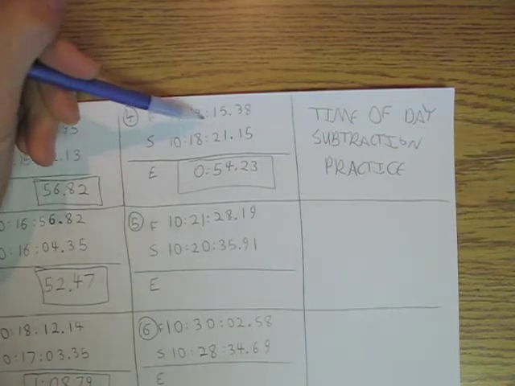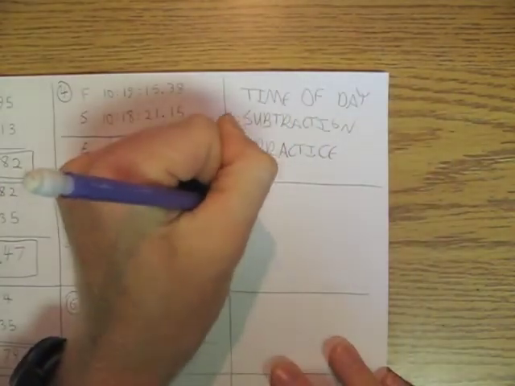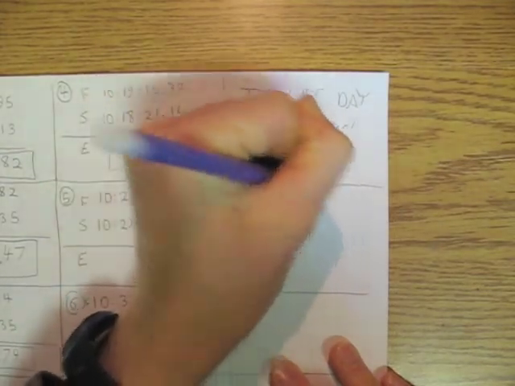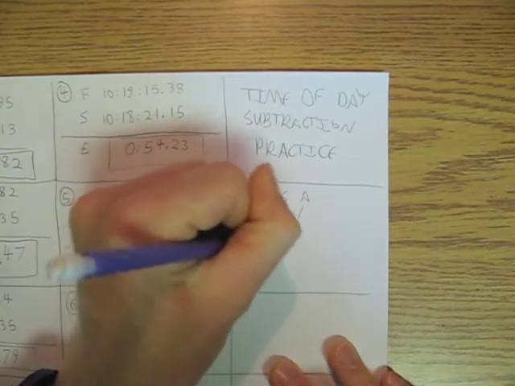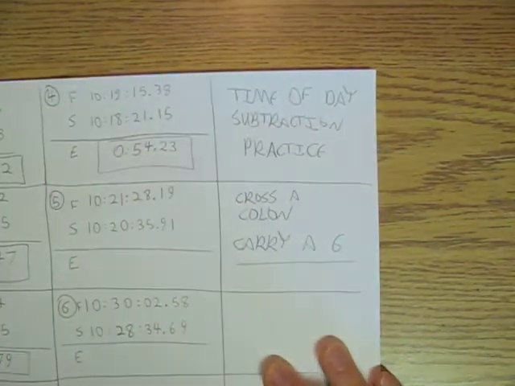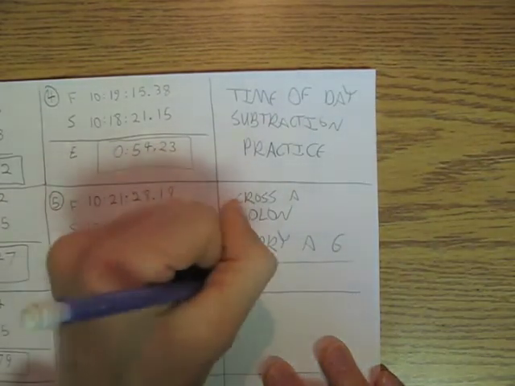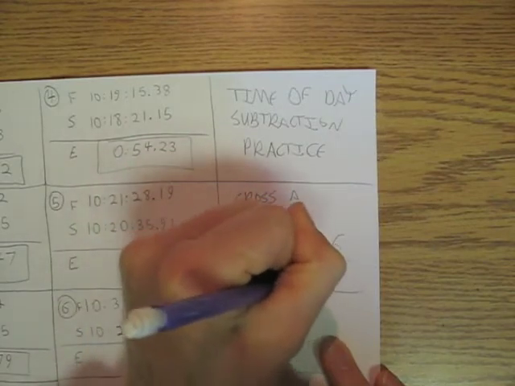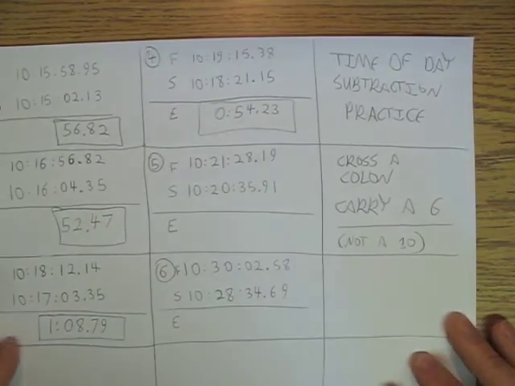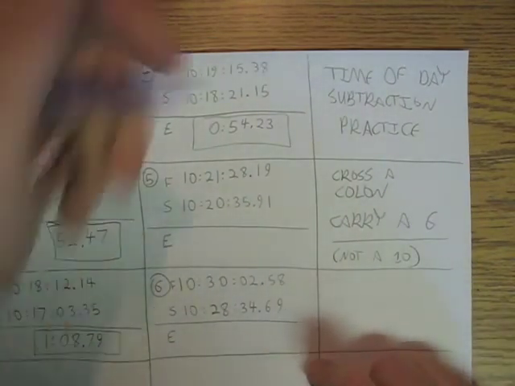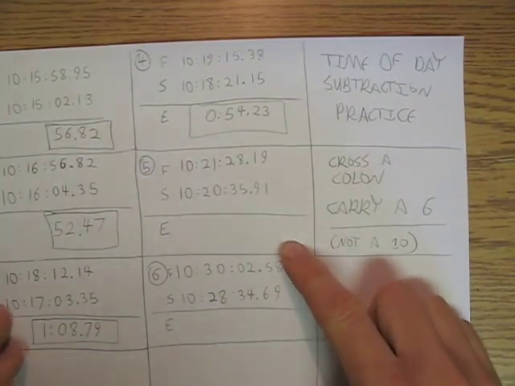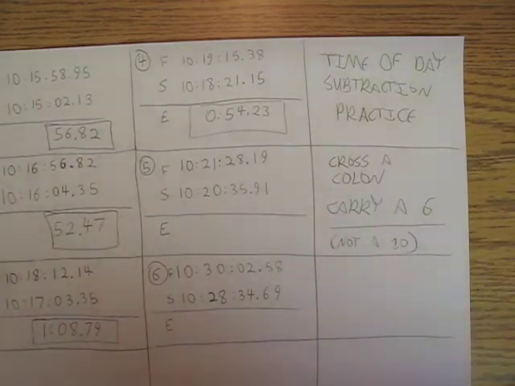Anytime you cross a colon, carry a 6, not a 10, and that's what makes time of day tricky. Okay, so when we cross this colon, we brought a 6 over, and we're going to see this more and more as I go through 5, 6, and then 7.